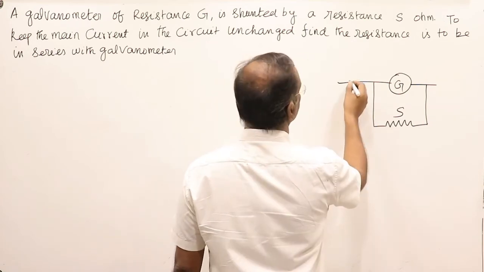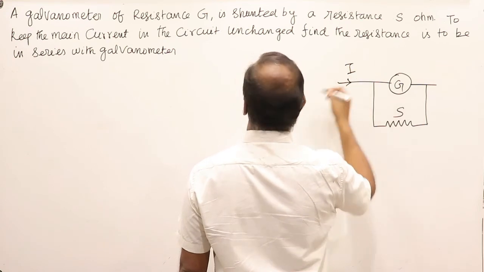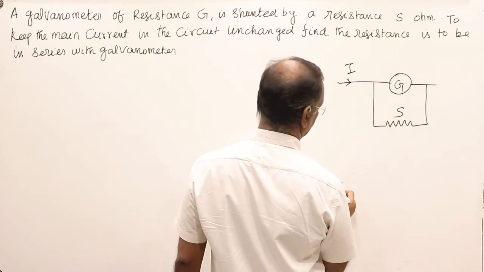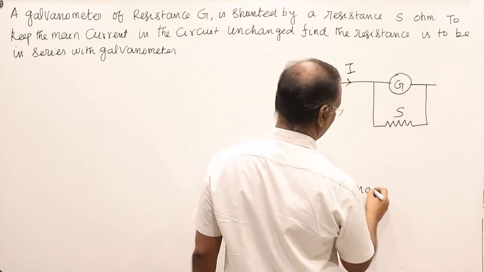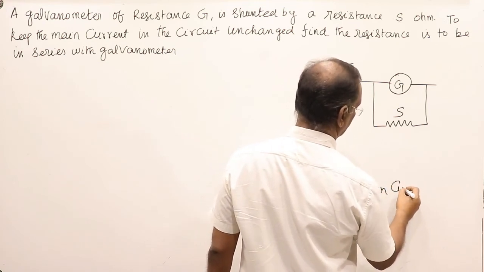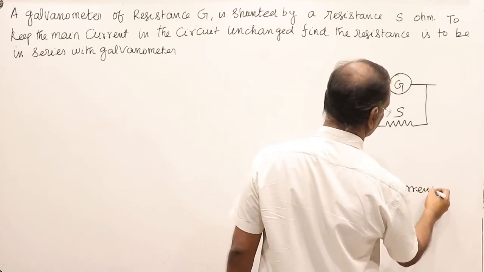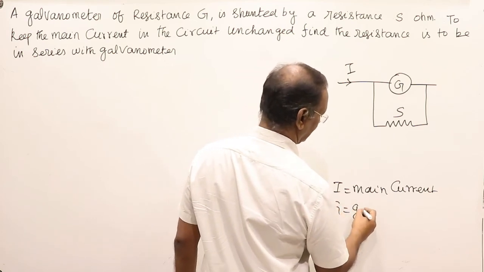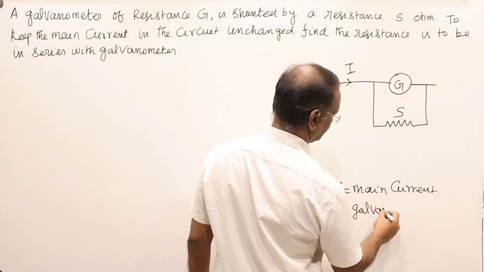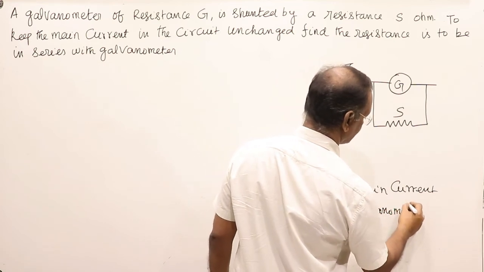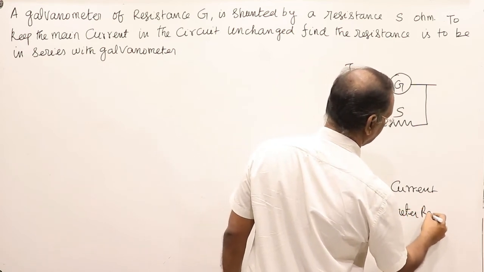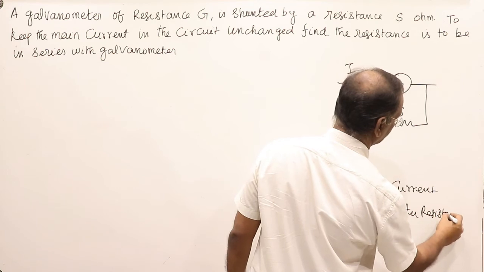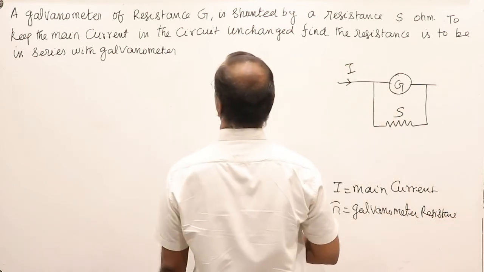So this is the main current. I is the main current, G is the galvanometer resistance, S is the shunt resistance.